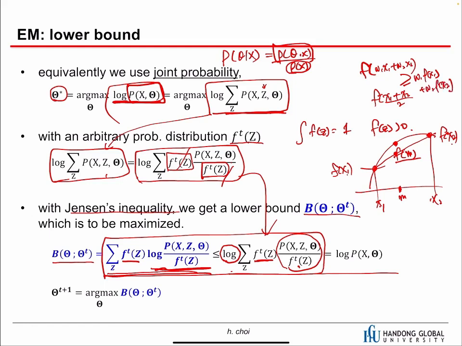This is Jensen's inequality. So we apply the same thing here.